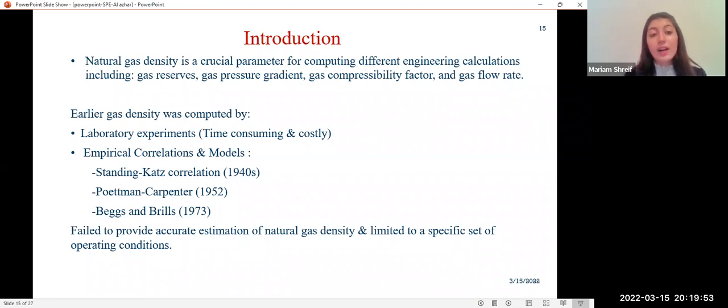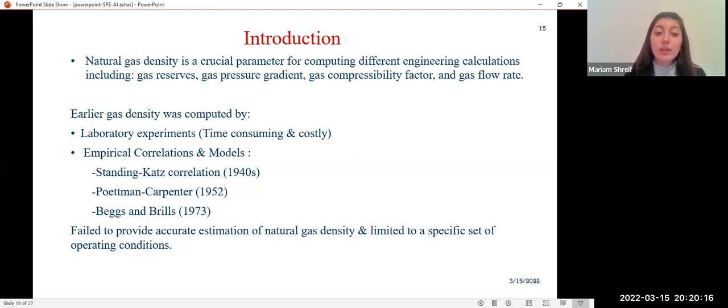Later, we relied on empirical correlations and models. However, these correlations have a certain degree of inaccuracy, and their application is limited to a certain set of operating conditions. So of course, they don't provide results as accurate as the laboratory experiments.